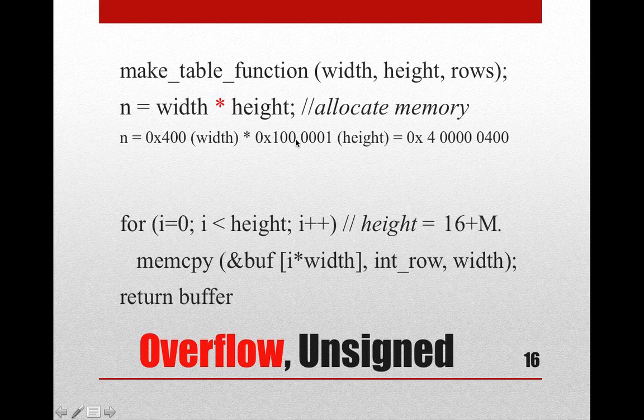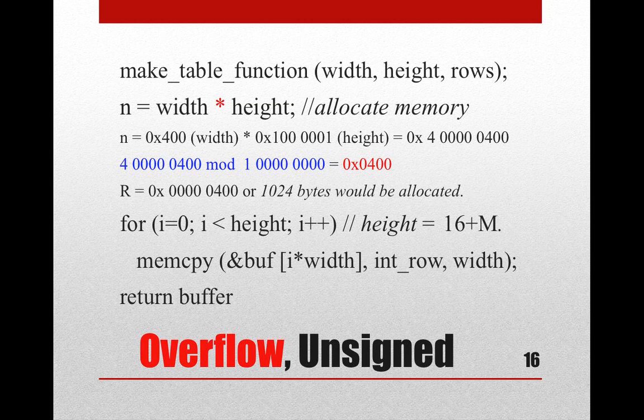When you multiply this, you get that number. If you look at the modulus again, we have 9 bits here, so it would be 2 to the 9. 2 to the 9 is, let's see, is it 256? I think it's 256 times 4, so that would be equal to 1024 bytes allocated in this table.